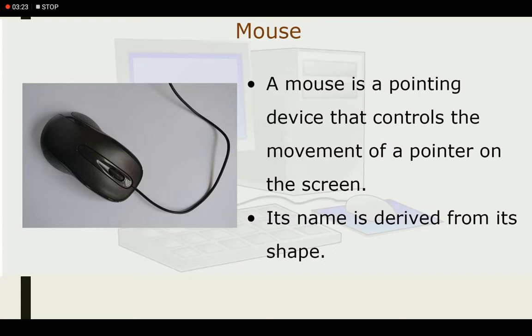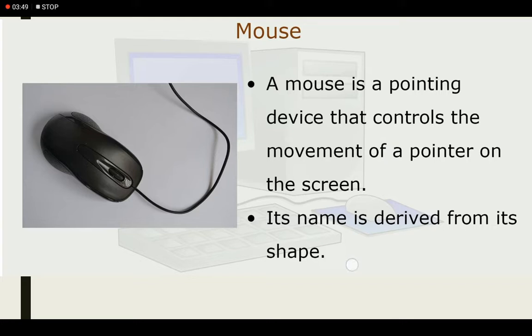The third one is the mouse. A mouse is a pointing device that controls the movement of a pointer on the screen. Its name is derived from its shape. As you can see, this mouse looks like a real mouse.